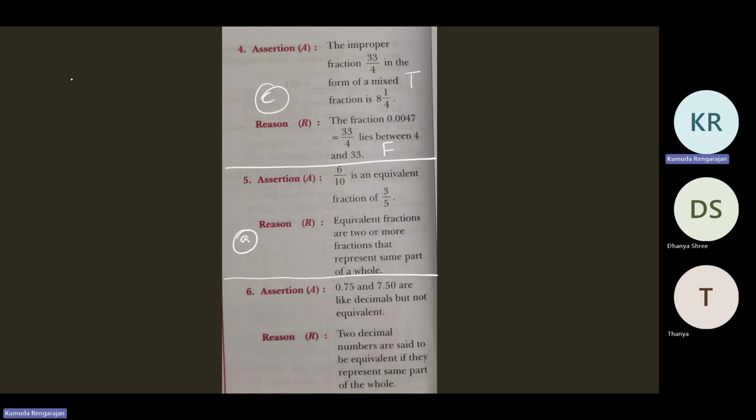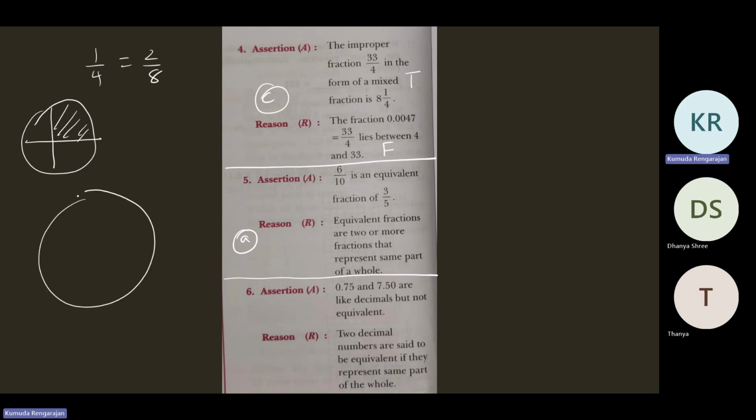For example, if we say 1 by 4, when you take a circle, 1 by 4 is this one. When you say 2 by 8, then 1 by 4 is equal to 2 by 8, right? So in the circle, there are 8 portions, no? 1, 2, 3, 4, 5, 6, 7, 8 portions are there.